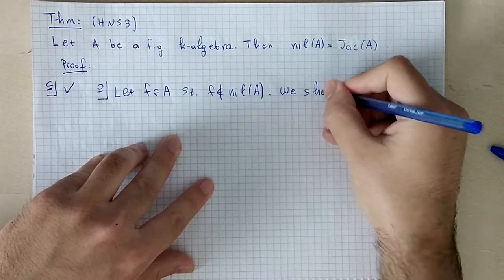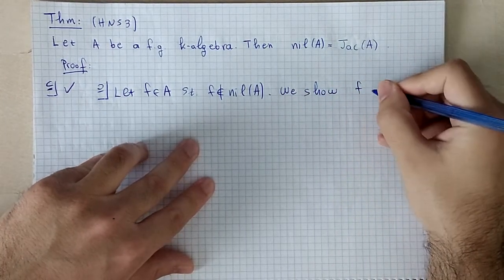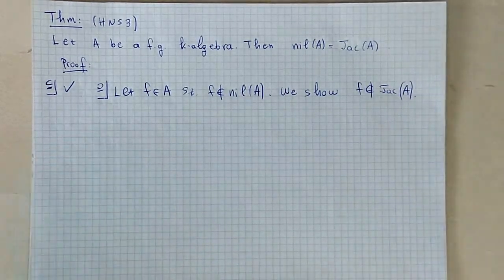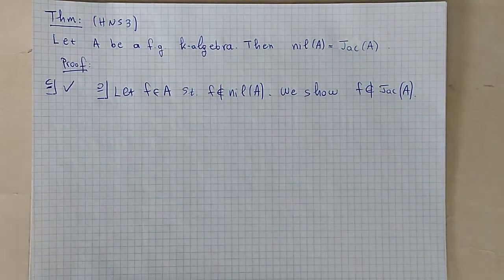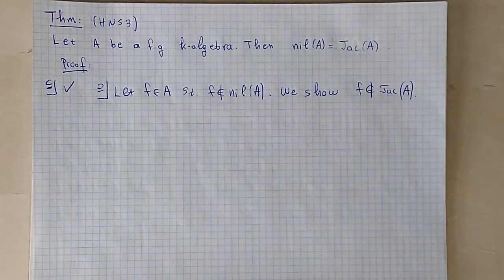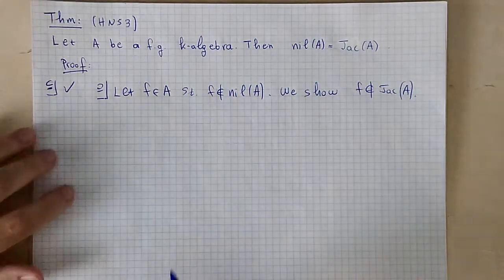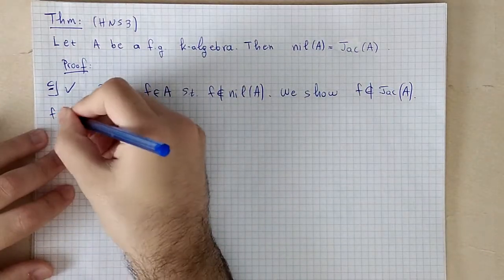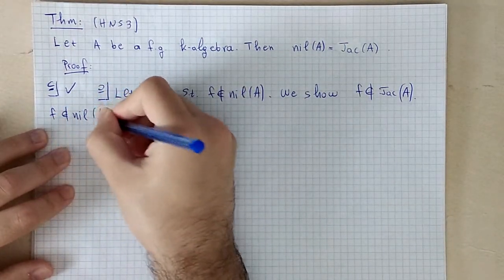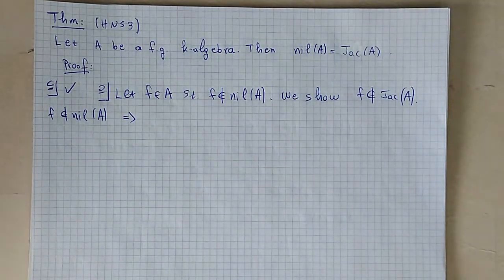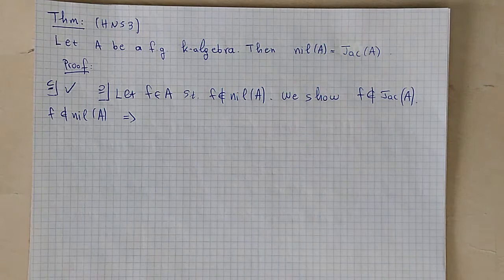In order to be done, we just have to show that F won't live in the Jacobson radical of A, right? So the first idea is to localize with respect to this element. Since F is not an element of the nil radical, well, if F was an element of the nil radical, then F to the power of n for some n greater or equal than 0 would be 0, right?